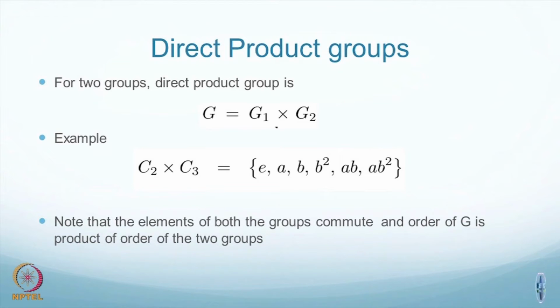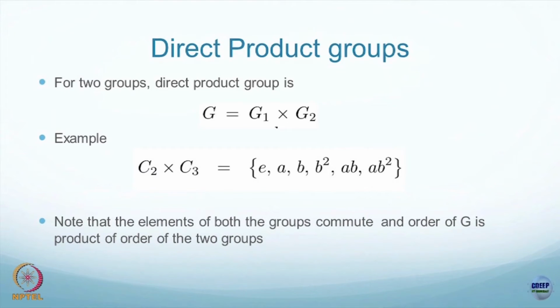Okay. So, I just want to complete a couple of more notations that you can have products of various groups, any number of groups. Just for simplicity, let us take product of 2 groups. Okay. This is called a direct product group.